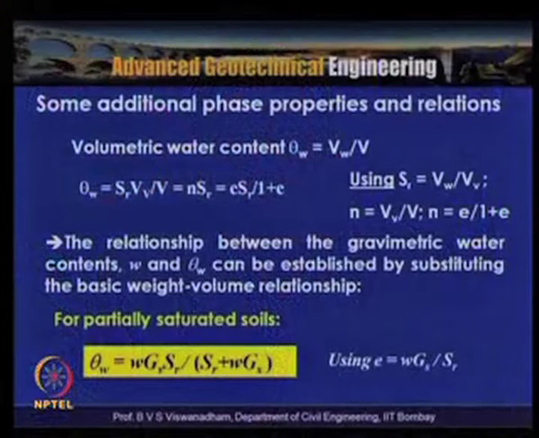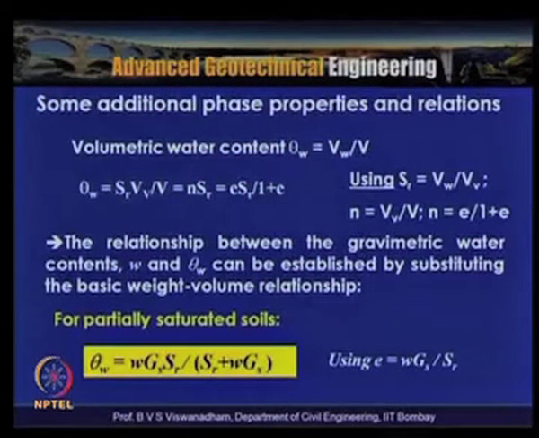Some additional phase properties and relationships if you derive: volumetric water content, which we defined in the previous slide as theta W, is the volume of water to capital V. Using degree of saturation SR as Vw by Vv, n is equal to Vv by V, and n is equal to e by 1 plus e, we can write it in terms of theta W. Vw is equal to SR into Vv, divided by capital V. Vv by V is nothing but porosity.